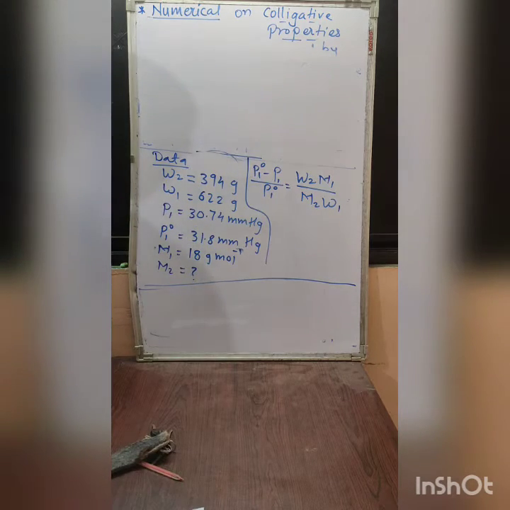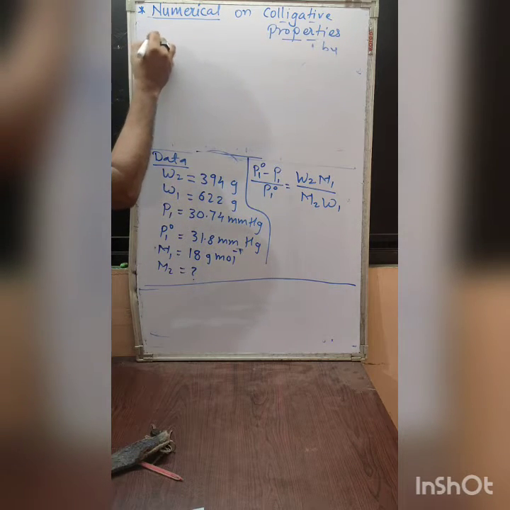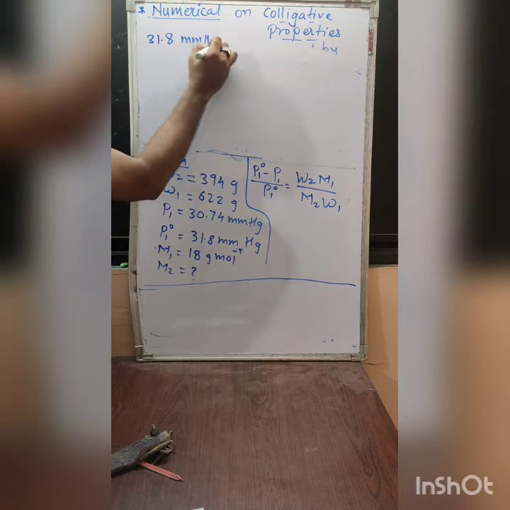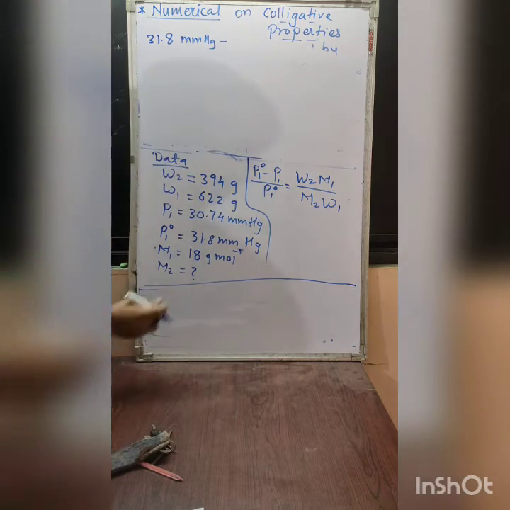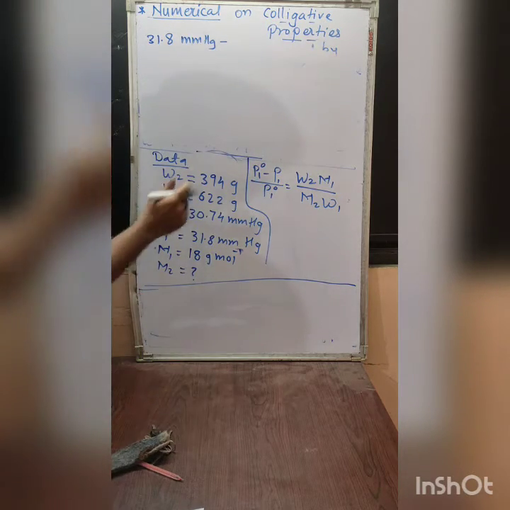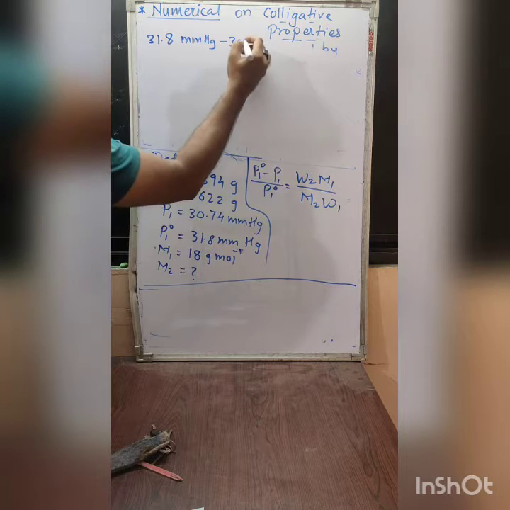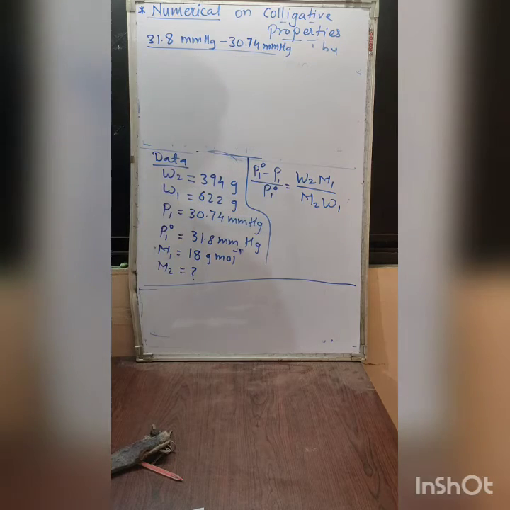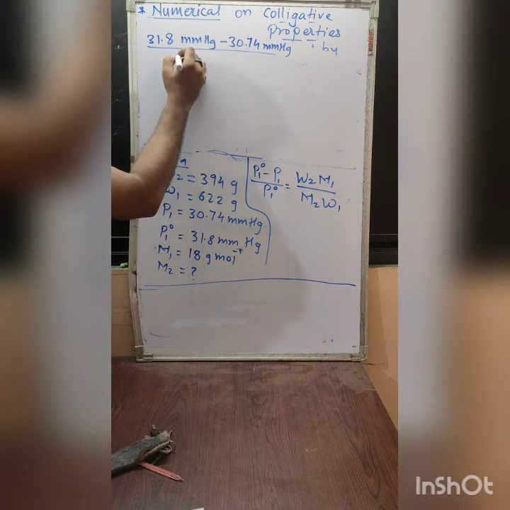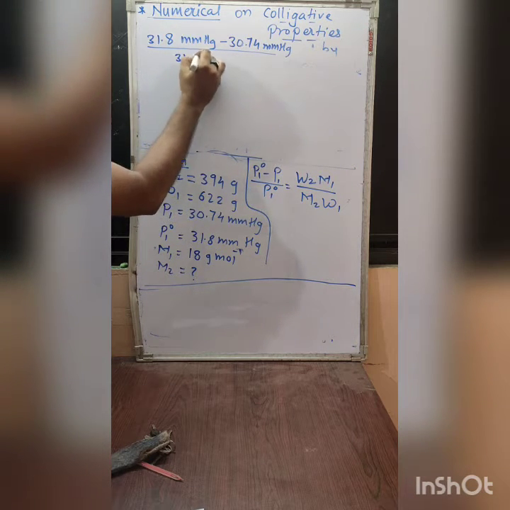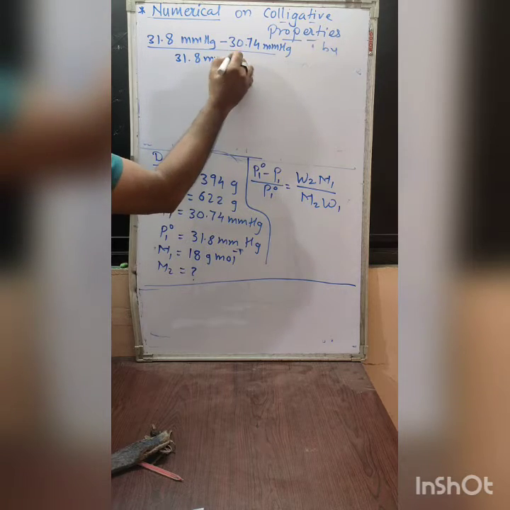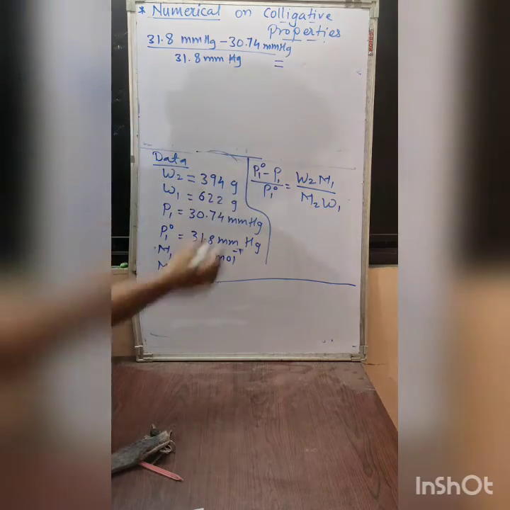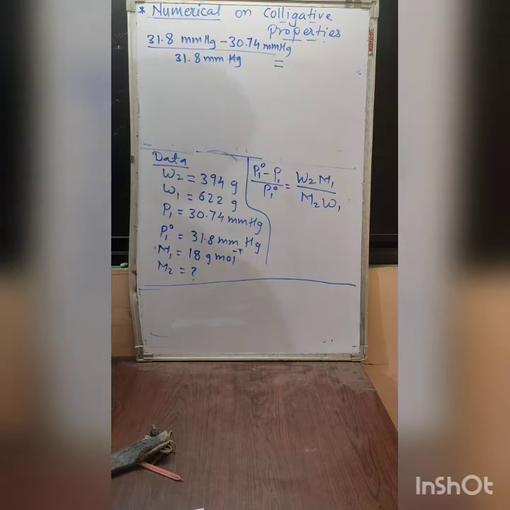So P1⁰, which is given, 31.8 mmHg, minus the vapor pressure of solution, 30.74 mmHg, upon P1⁰. P1⁰ is 31.8 mmHg, which is equal to W2 times M1 upon M2 W1.